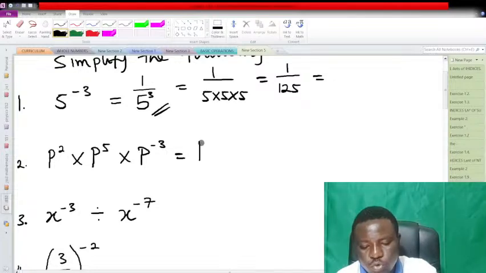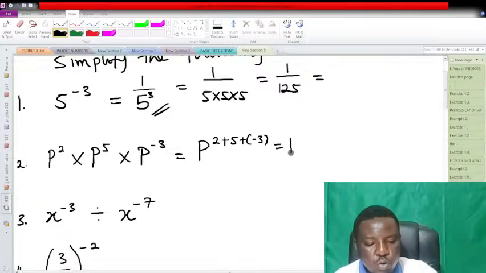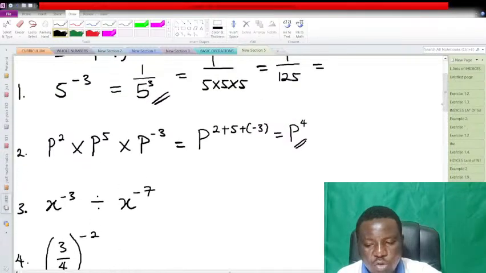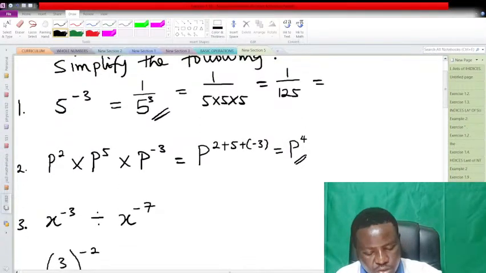So this is equal to p raised to the power of 2 plus 5 plus minus 3. So this is equal to p raised to the power of 2 plus 5 is 7. 7 minus 3 is 4. So this is what you will get. Sarah, do you understand what I have done using these first 2 examples? Do you now understand?